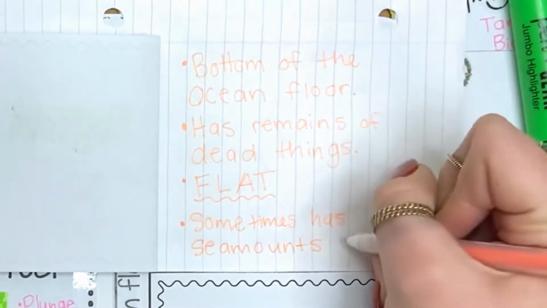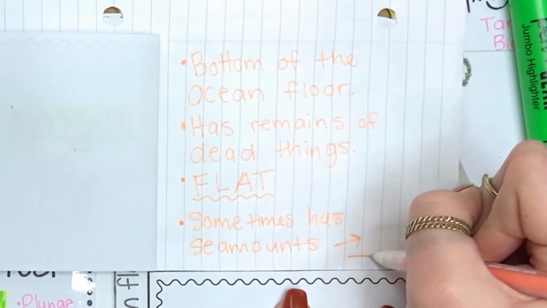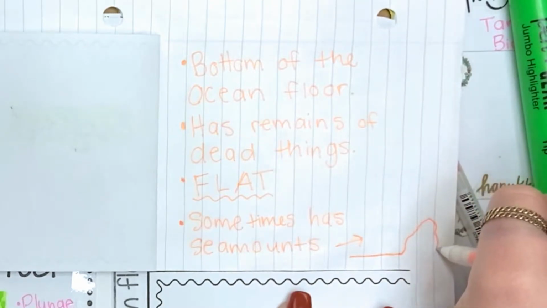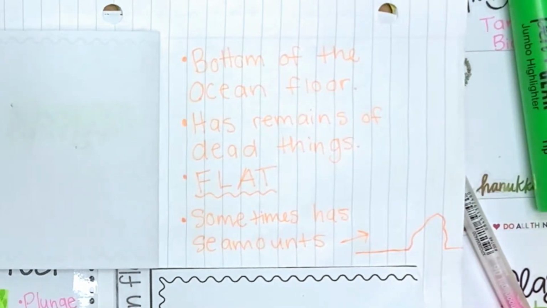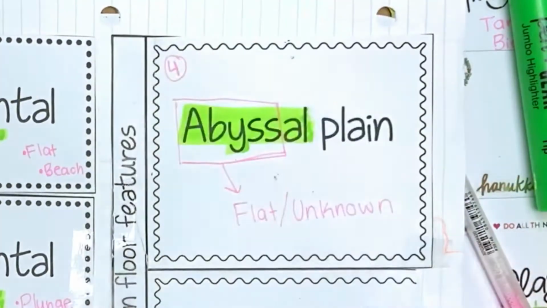And remember, seamounts are like mountains under the sea. So I'm going to draw my abyssal plain, my really flat nothing, but then all of a sudden, look, there's a seamount, and then back to the abyssal plain, the flat again. All right. So yeah, it does go out of my flap a little bit, but that's okay.